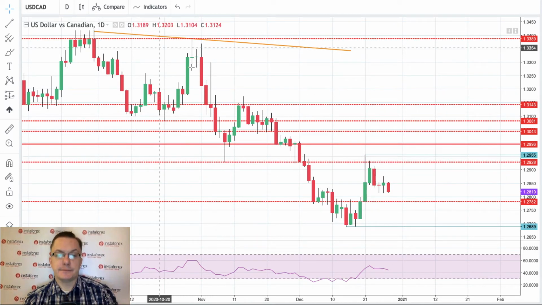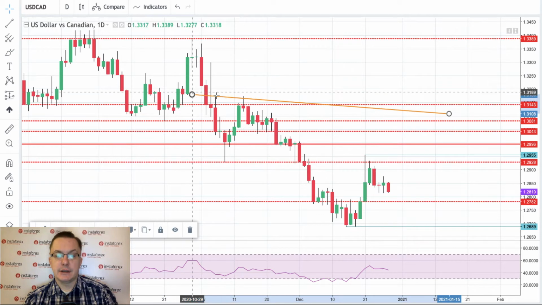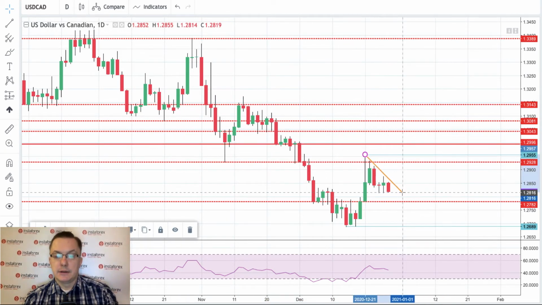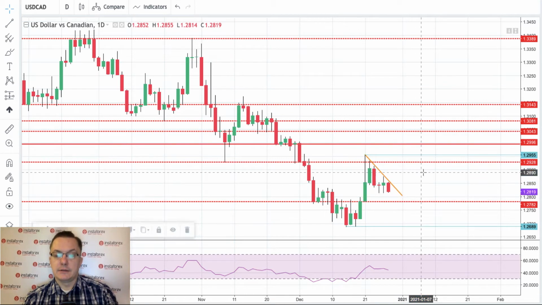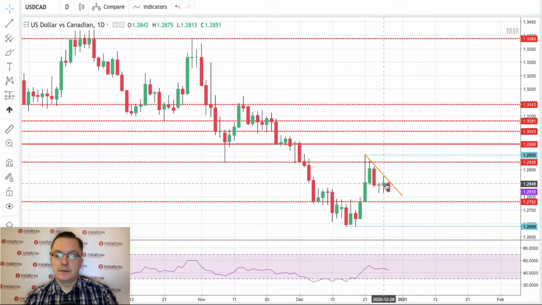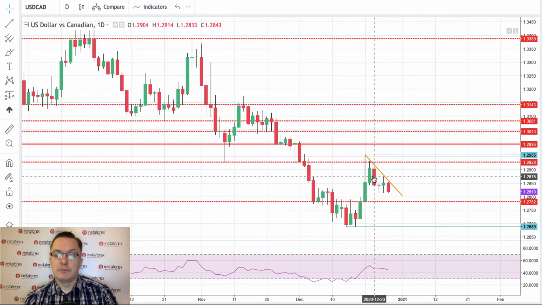As you can see, we can even use this trend line now. The short-term trend line, which will be this one, right, is showing us that very little attention is being paid right now to the upper side.